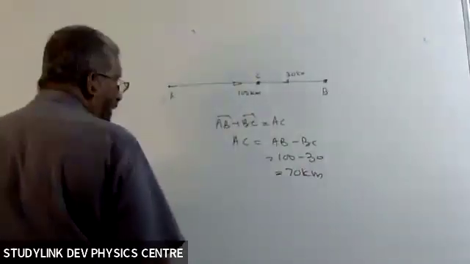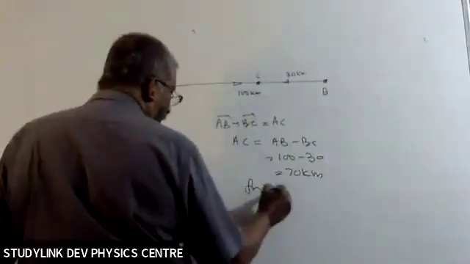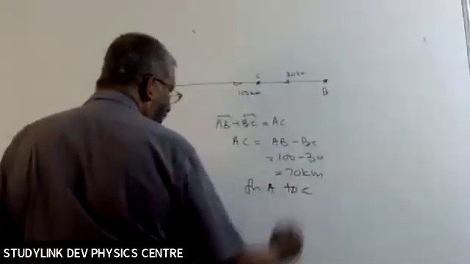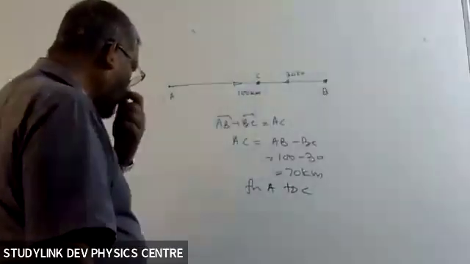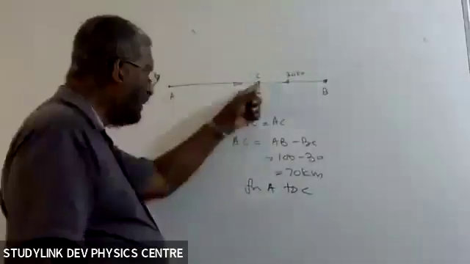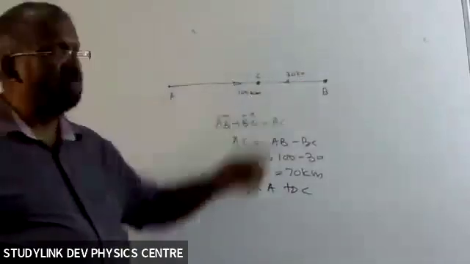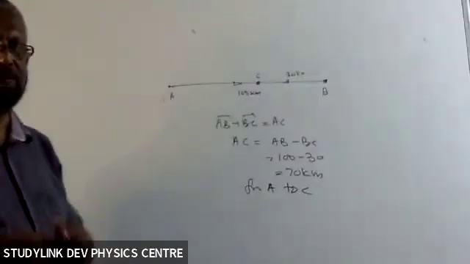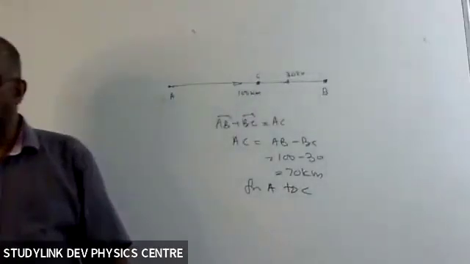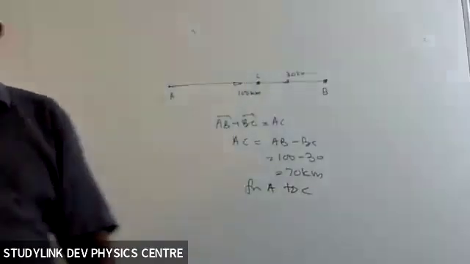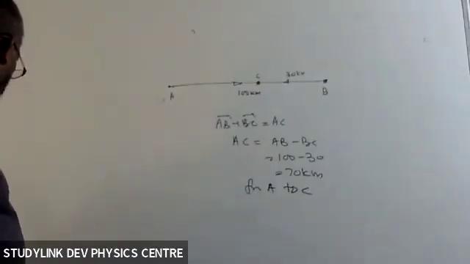Then the displacement is from A to C. That means the displacement is 70 kilometers towards east. This is east. This is how you do it. Here I considered displacement and did the question.